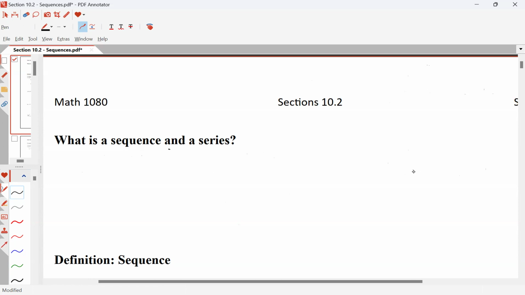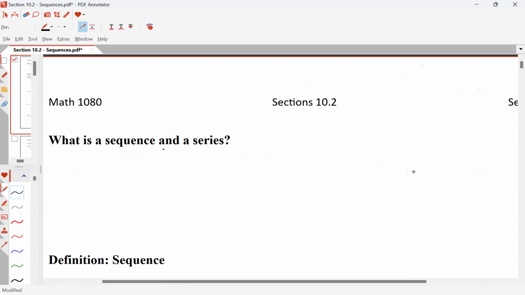And so we're introducing another area where we can take some of these functions that are really hard to work with and approximate them with things known as power series. So functions can be approximated with power series.